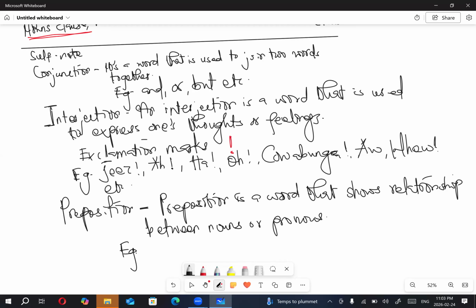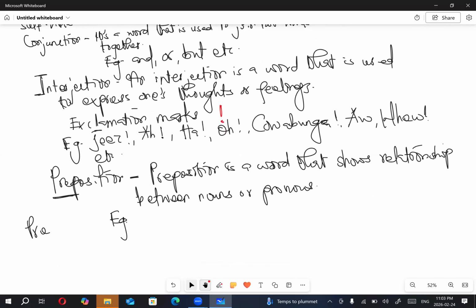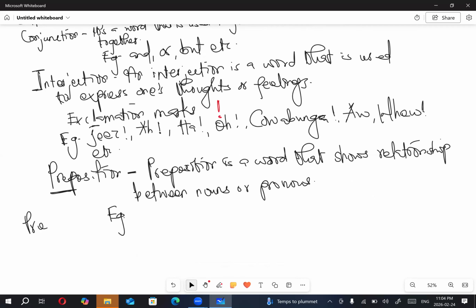Just before we continue, look, it normally begins with the prefix pre, right? Pre means something that comes before. So usually prepositions come before nouns. So the way to identify them is that they come before nouns, okay?